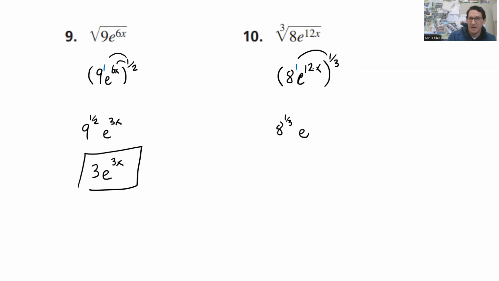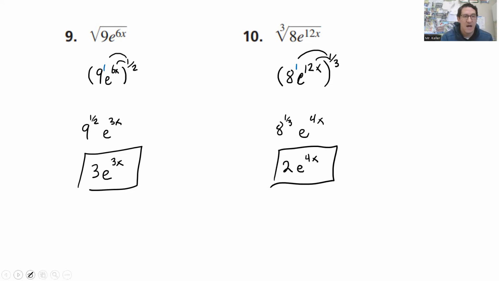Then I have e, 1/3 times 12, that's going to be 4x. Just multiplying those out. So we can simplify this. This is the third power, the same thing as the cube root or third root. Cube root of 8 is 2, e to the 4x.